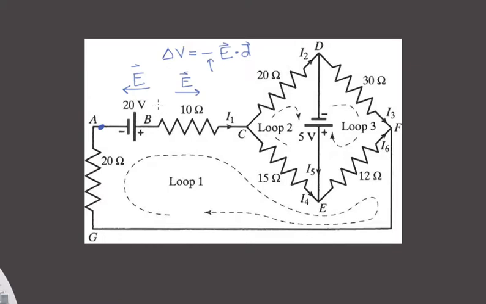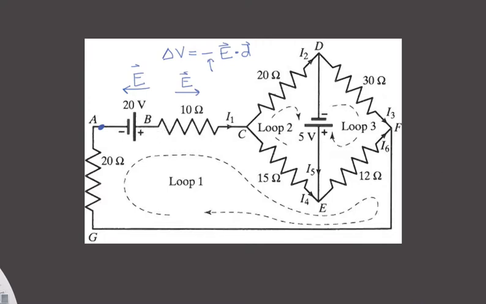Then we're going to go with the E field here, so we're going to have a negative sign for this battery. One way that I like to think about this is that if we're going across a resistor in the same direction, notice I1 is to the right here, as is the E field across the resistor, then we should have a negative sign in front of that component for voltage.